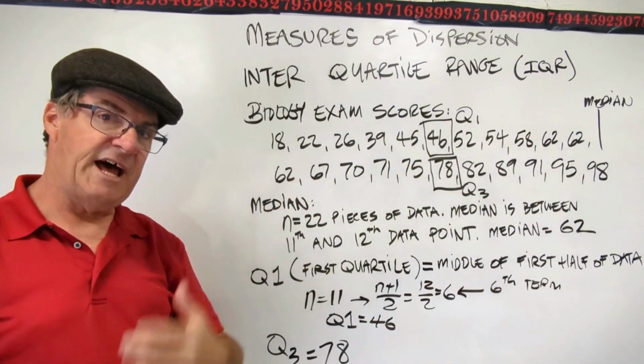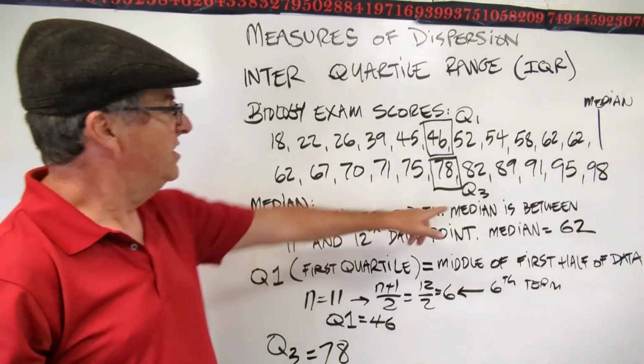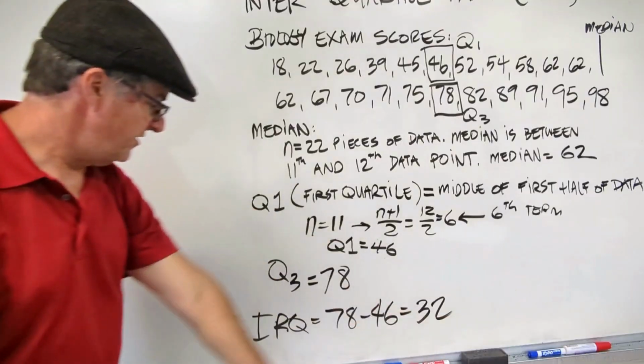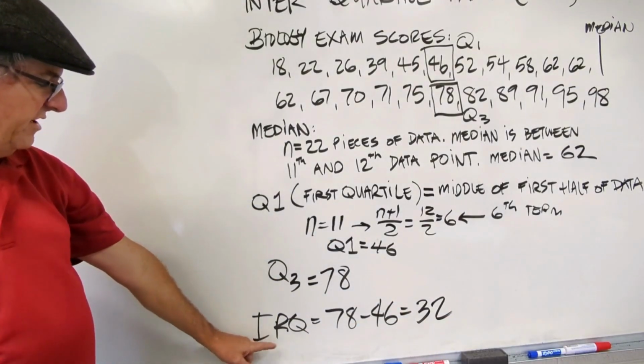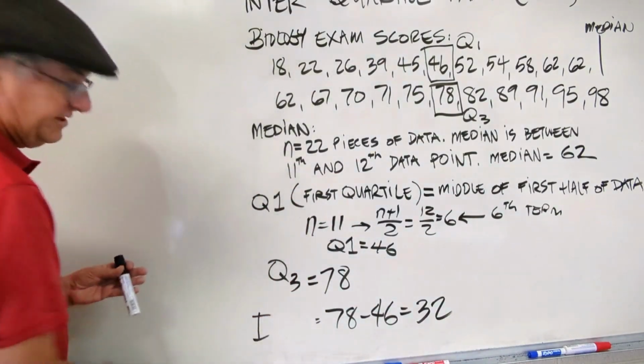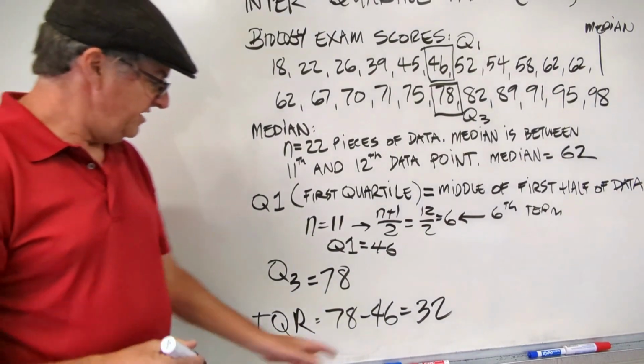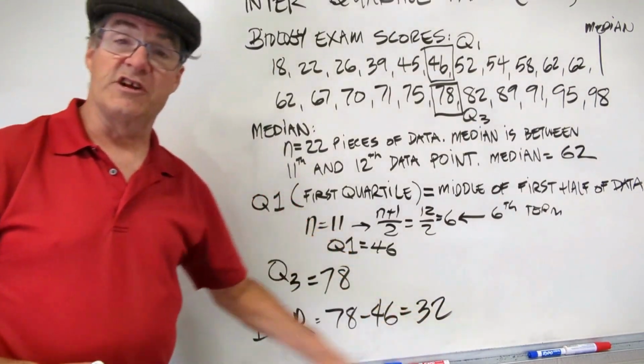So if you remember from the last board, the interquartile range is Q3 minus Q1. So that's what I've done here. IQR, interquartile, oops, it's IQR. Let's get that right. IQR is 78 minus 46, or 32.